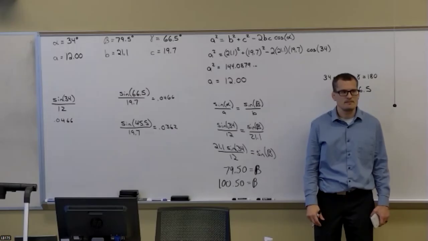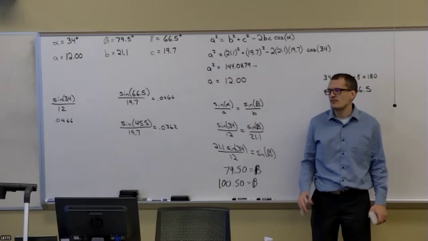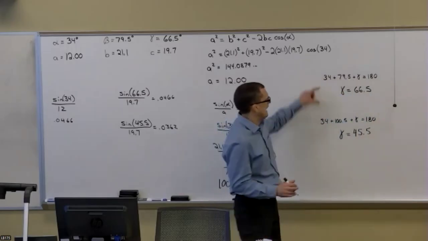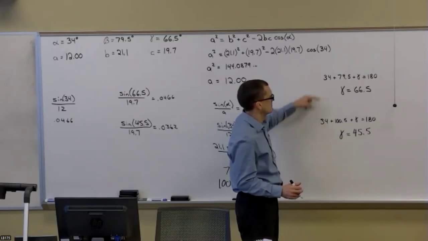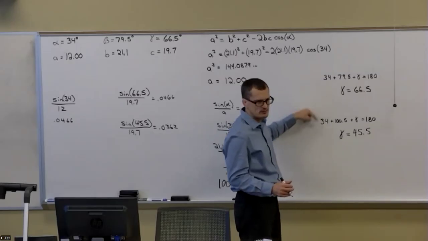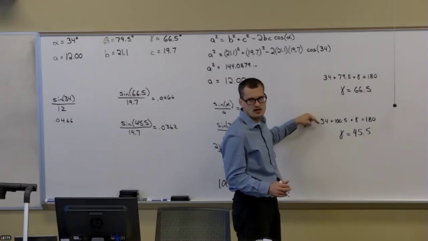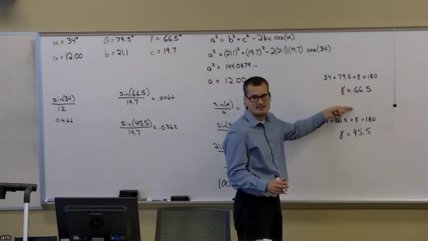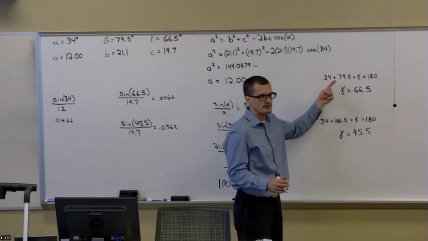All right. The other way you could have solved this is at this final step, instead of solving this by just angles adding to 180, you could have used the law of sines. And it turns out the law of sines only gives you this and its supplement, which is not going to work.